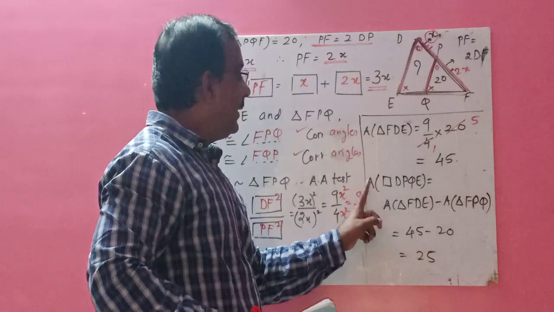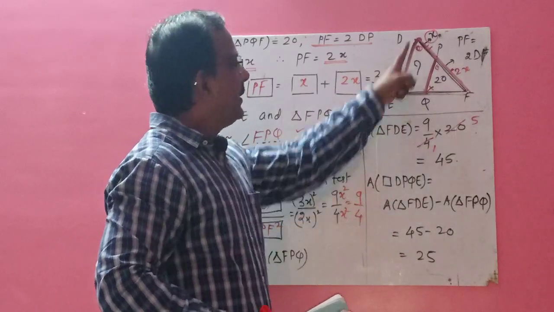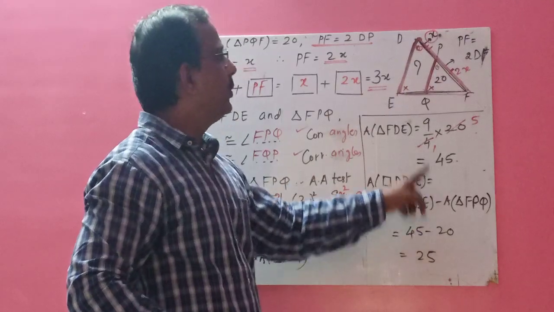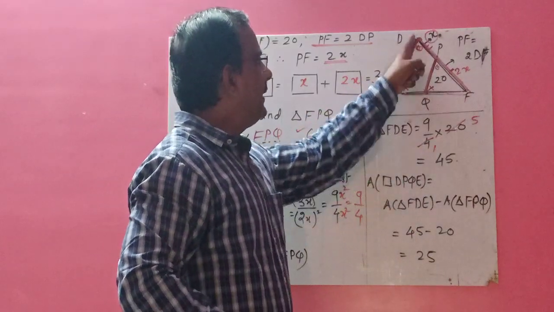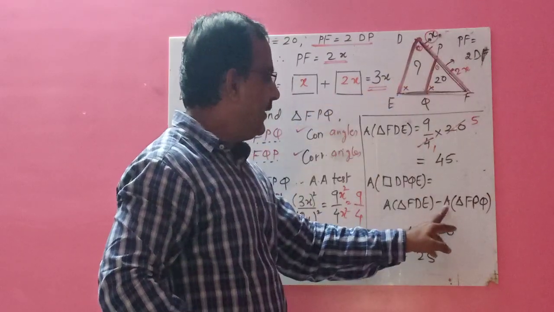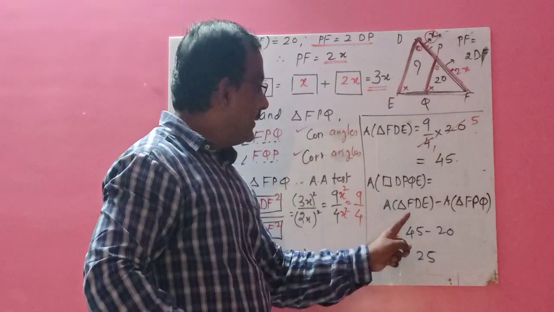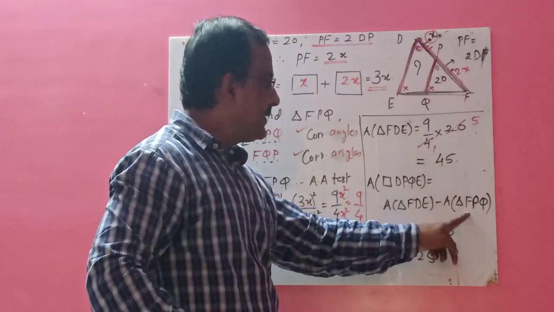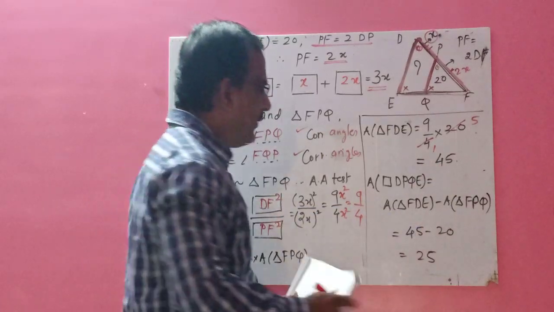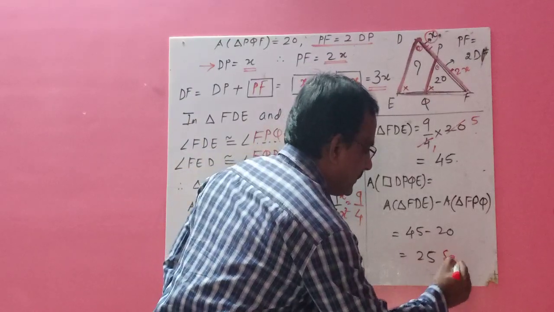Now to get this, subtract this area from the bigger one. So write down here area of quadrilateral DPQE is equal to area of triangle FDE, the bigger triangle, minus area of the smaller triangle. This we got as 45. This is already given, 20. 45 minus 20 is 25 square units.